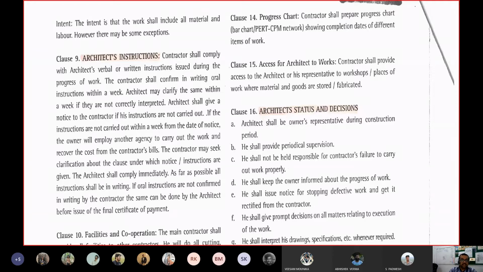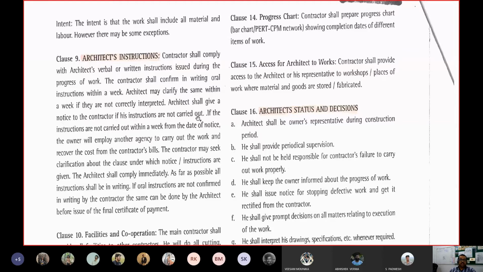And then he will issue a notice. Here it is written, the architect shall give a notice to the contractor if his instructions are not carried out. So after 7 days, if the architect doesn't get a confirmation that the contractor has understood the instruction, then the architect will remind him that I have given you an instruction, and it has not been communicated back to me as a confirmation or not.